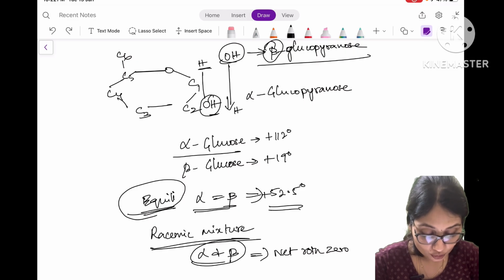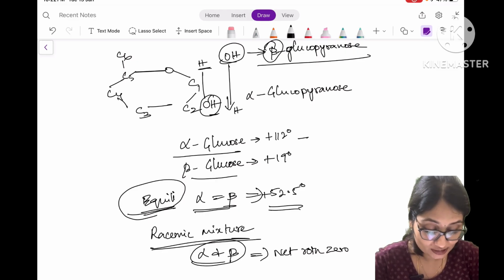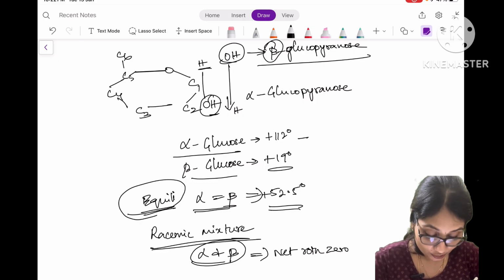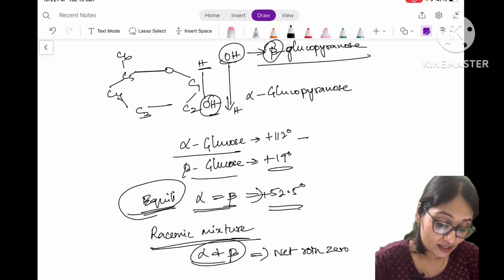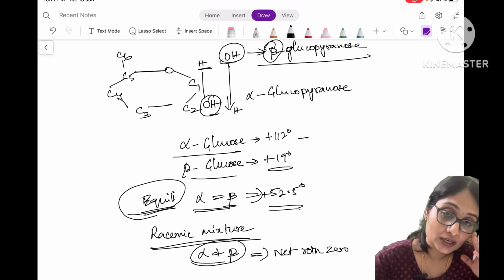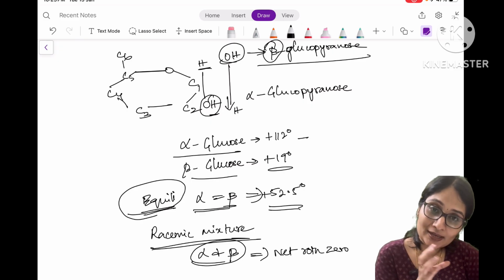Alpha glucose rotates it by plus 112 degrees, and beta glucose rotates it by plus 19. In equilibrium, when the concentration of alpha and beta glucose is equal, it rotates it by 52.5 degrees. This is called mutarotation.